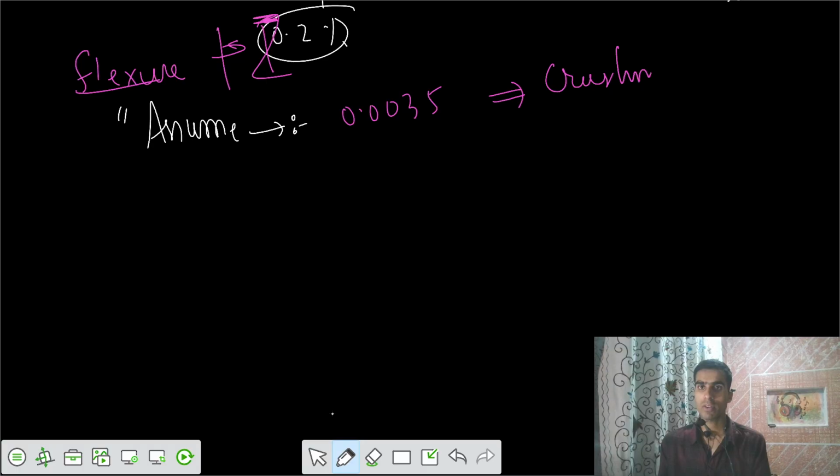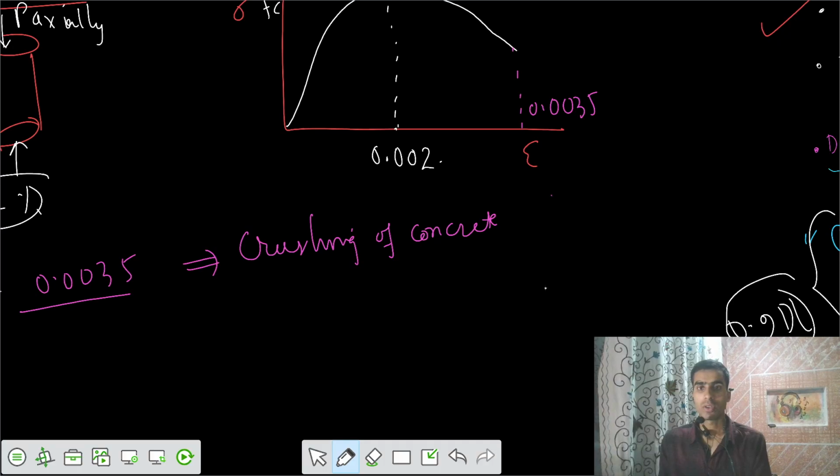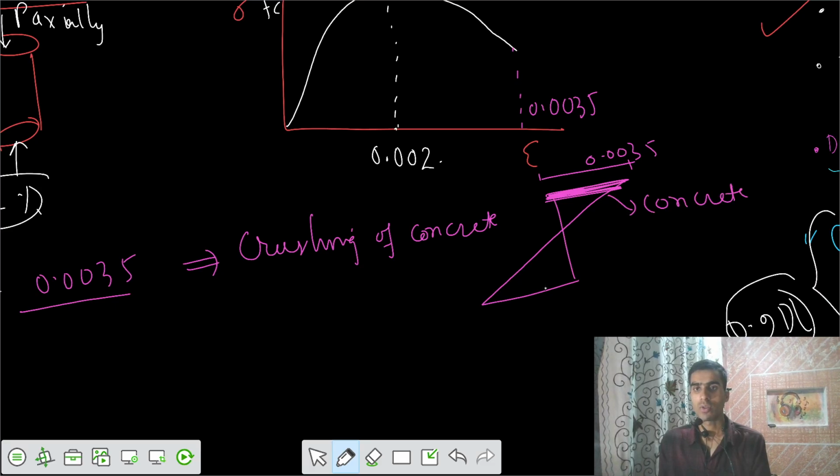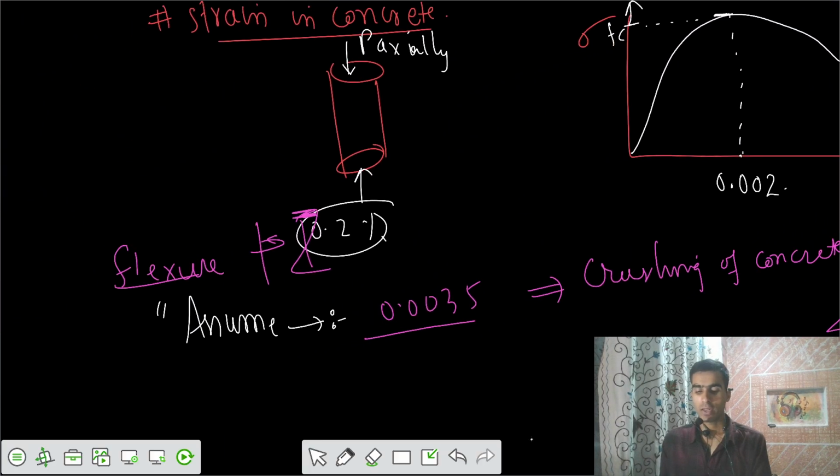For the crushing of concrete, the strain should be assumed to be 0.0035. That means on the top compressive side there should be a strain equal to 0.0035, such that the concrete is going to crack under flexure. So this is your strain in concrete.